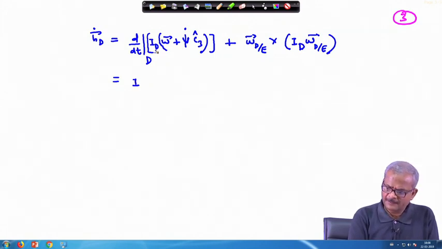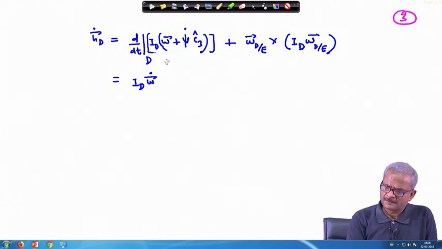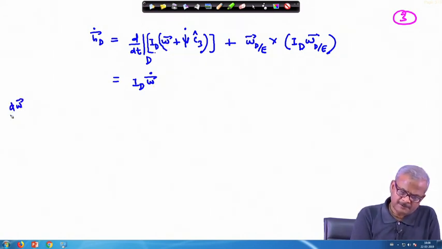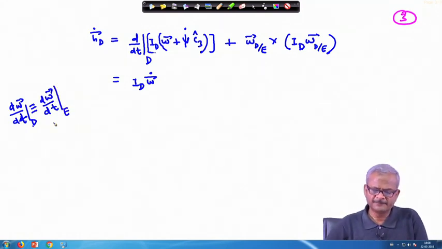In the D frame I d does not change, so I d will simply come out, and omega gets differentiated. So, your d omega by d t, while you are writing here this subscript d, is identically equal to, as we have done earlier, this is with respect to the E frame.